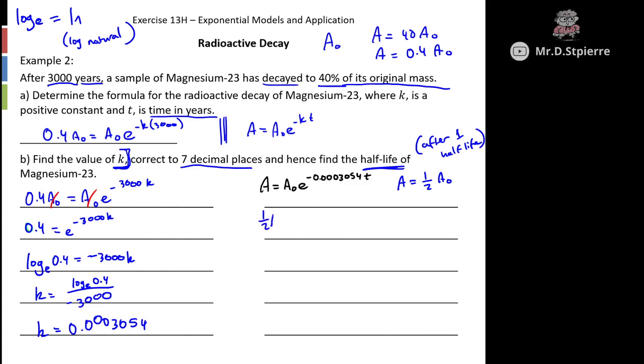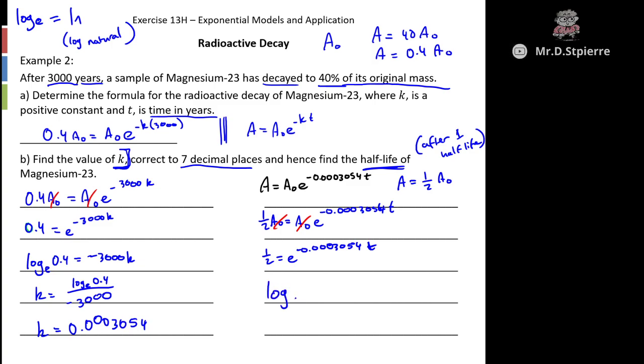So let's put that in. We get half A naught is equal to A naught e to the power of negative 0.0003054 t. Again, that cancels out. So we are left with half is equal to e to the negative 0.0003054 t.